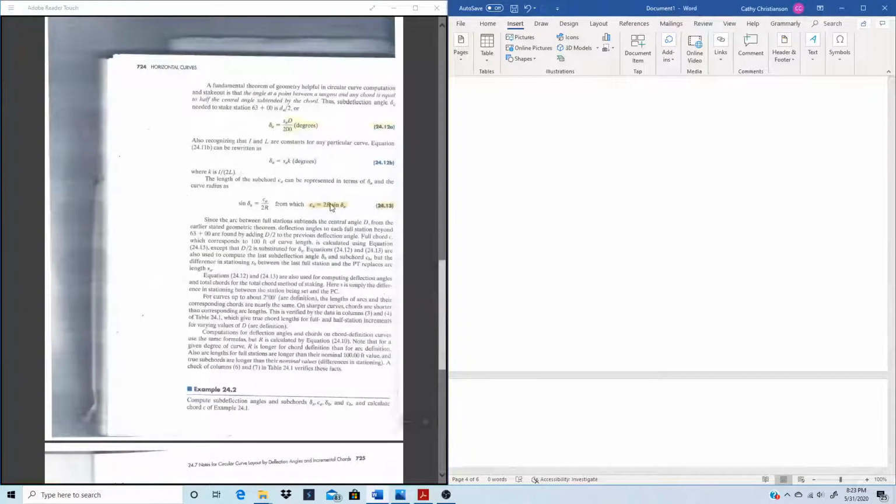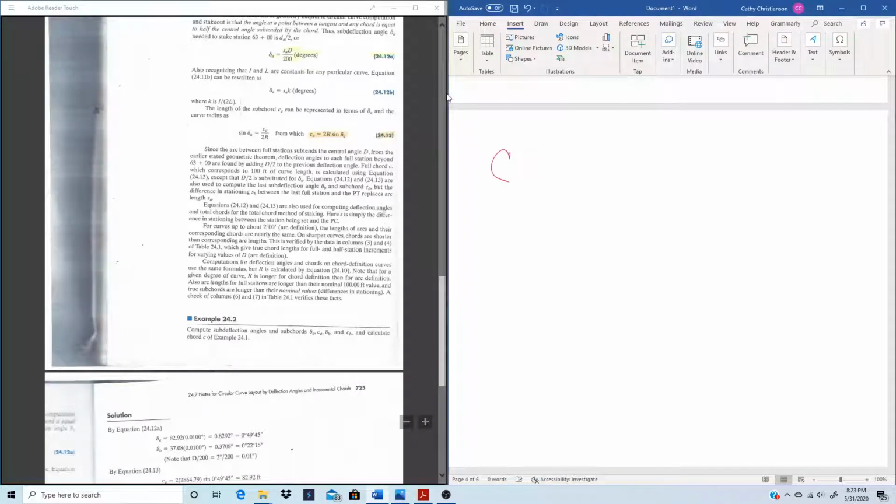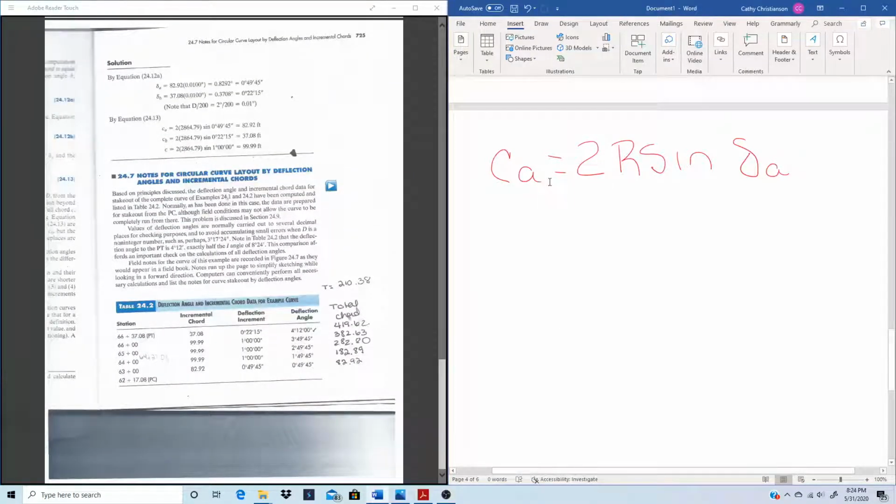We're going to use the formula right here, which is C equals 2R sine, and that's where you'll put your deflection angle. Each one of these will have to be worked separately.